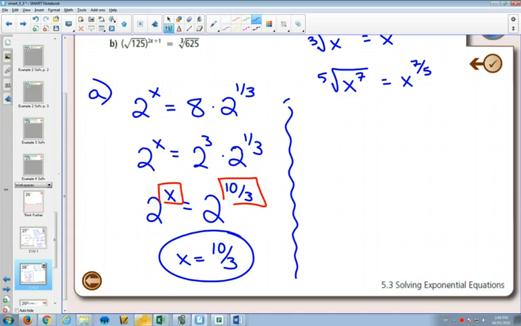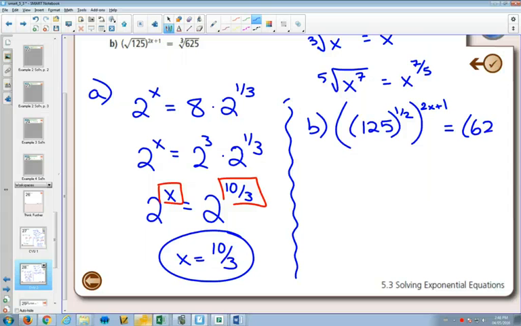Okay, part B. We'll start again by changing all of our square roots, cube roots, etc. to exponents. So we'll have 125 to the 1/2, and that is all to the 2x plus 1 equals 625 to the 1/3.